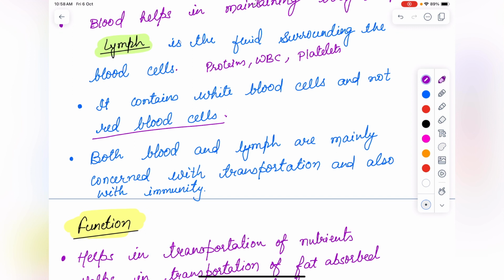Both blood and lymph are mainly concerned with the transportation and also with immunity.